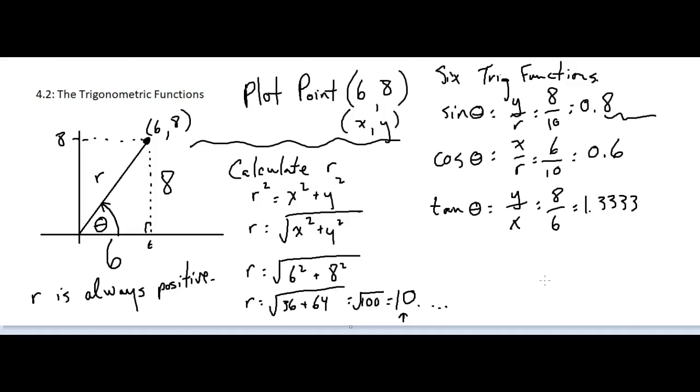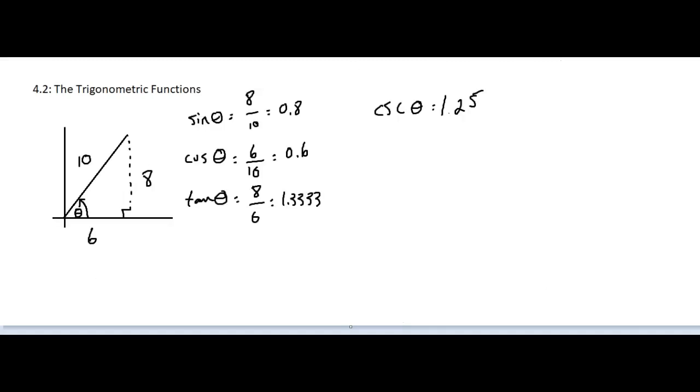secondary trigonometric functions for this. Okay, so the secondary trigonometric functions then are the reciprocals of each of the primary trigonometric functions, which are here. And if we take the reciprocal of each, so the reciprocal of 8 over 10 is 10 over 8. Or as a decimal, the reciprocal of 0.8 is 1.25, and that's the cosecant of theta.